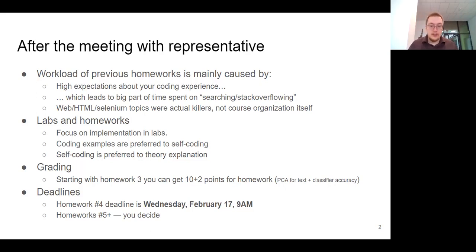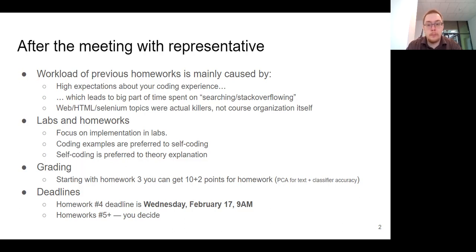The fourth one was designed before this discussion, and now it looks okay, so I will try to design the next homeworks so that they are comparable to the fourth one.